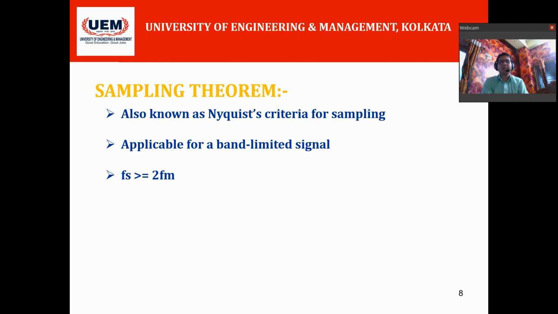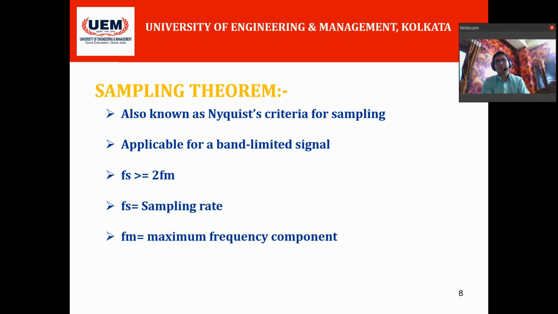Fs greater than or equal to 2 fm. So what are these actually? Fs is the sampling rate and fm is the maximum frequency component that is present in the signal. So if I have a signal which has several frequency components, let us consider that the highest frequency component is fm.